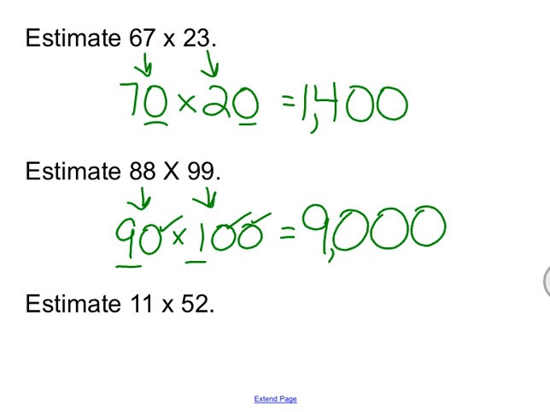Okay, and our last one is 11 times 52. 11 is rounded to 10. 52 is rounded to 50. Now I can estimate the product. So 1 times 5 is 5. And this time I only have 2 zeros. 1, 2.